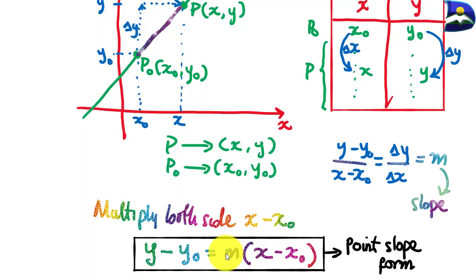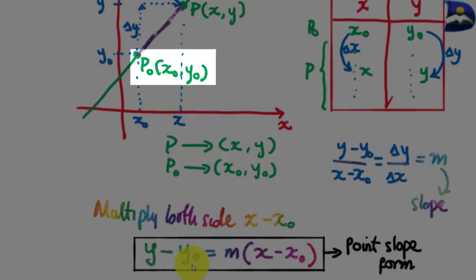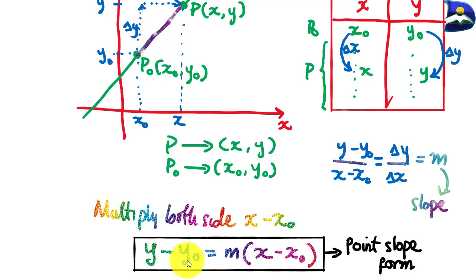All you have to do, once you determine your m, is pick a point and make that its x and its y. By so doing, you can also show that this can be rearranged in a way that looks like your generic formula, which is y equals mx plus b.